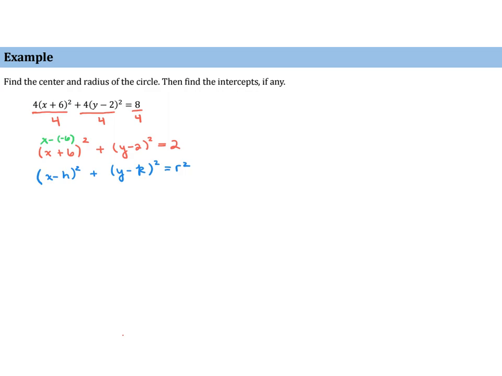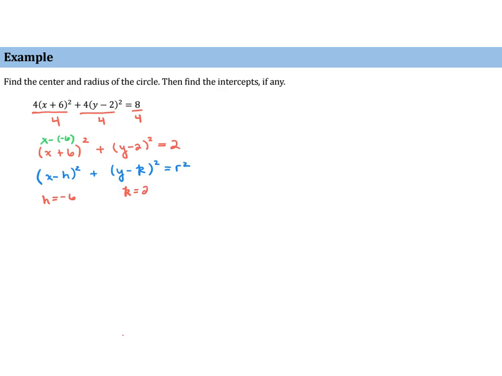And so h will always be the opposite sign of what you see with x. So -6 is h. So h equals -6, and then it's a little bit clearer to see that k equals the number being subtracted from y.